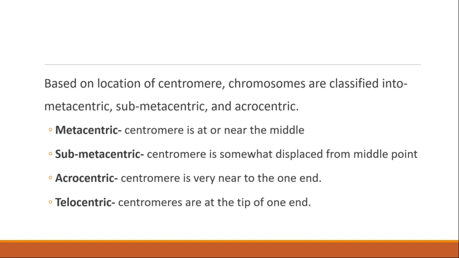Then you have acrocentric, where the centromere is almost towards one of the extreme ends. And fourth is telocentric, wherein the centromere is almost at the tip of one end. Okay, so you can have one telomere itself visible instead of having one chromatid.